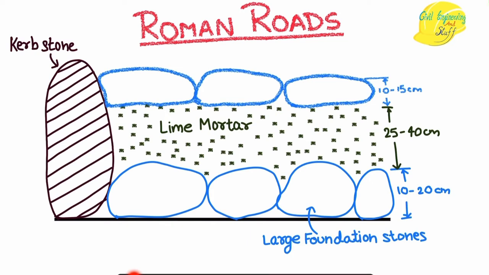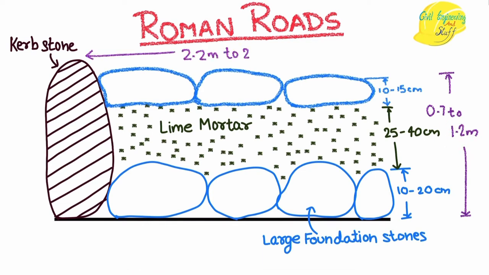On the whole, the overall depth of the roads created by the Romans varied from 0.7 to 1.2 meters, and the width varied from 2.2 meters to 2.5 meters.